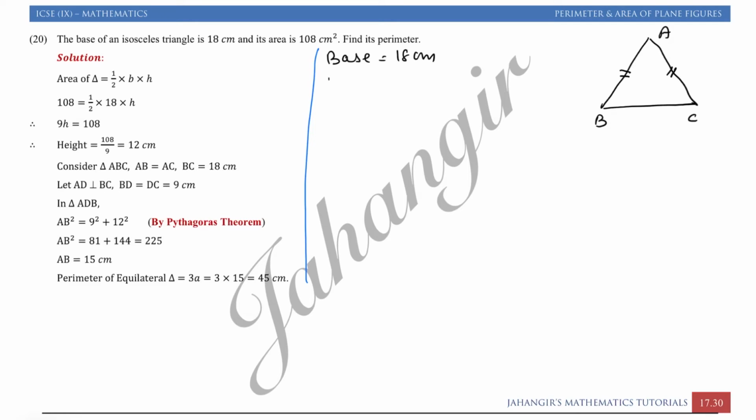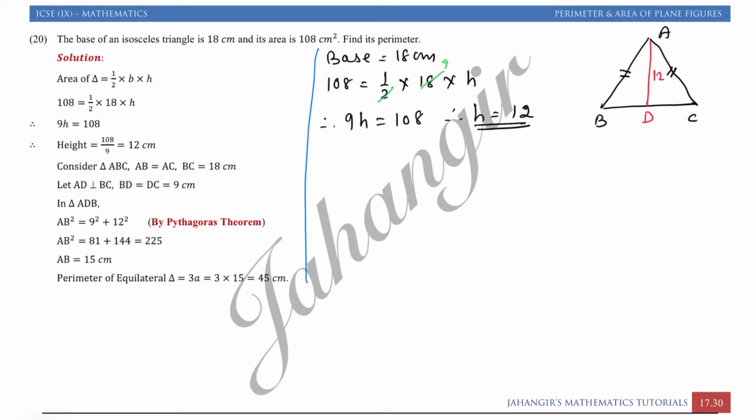So first we will take area of triangle, that is area is equal to half into base into height. So therefore we will get 9h, cancelling out this part. 9h is equal to 108. Therefore h is equal to 12. Height is 12 centimeter.